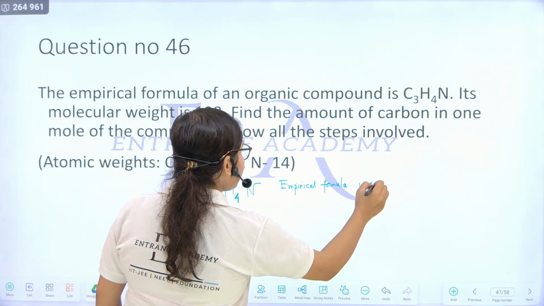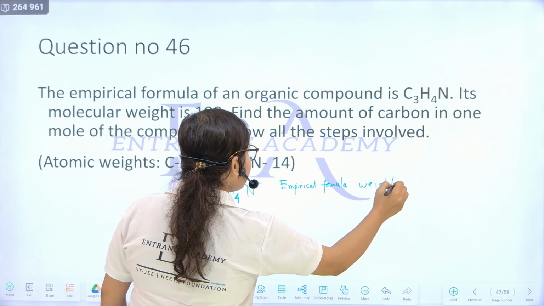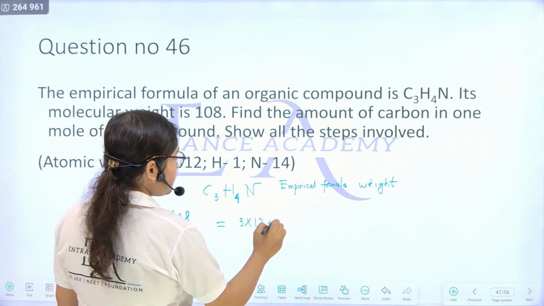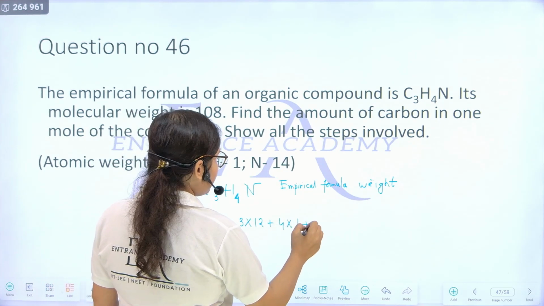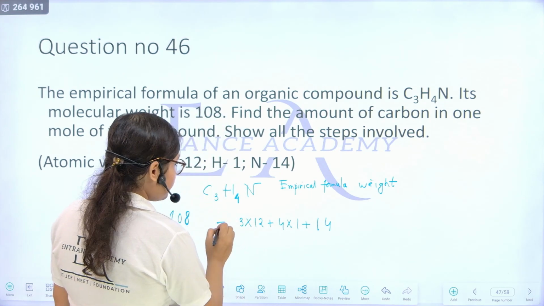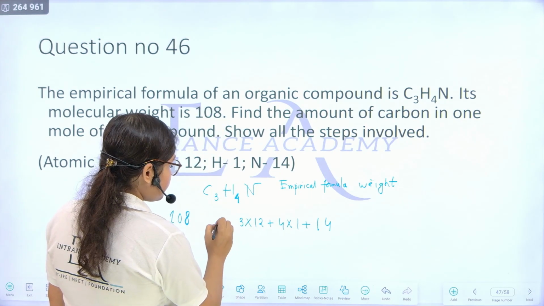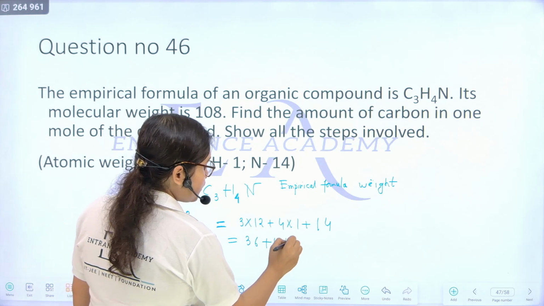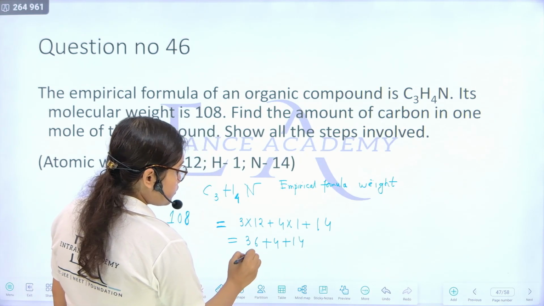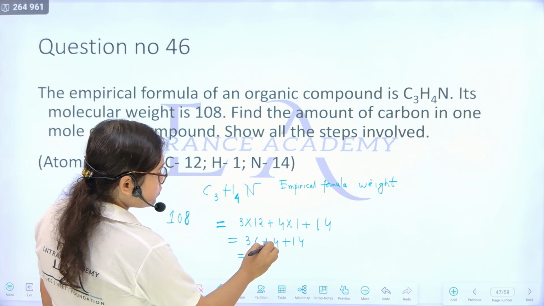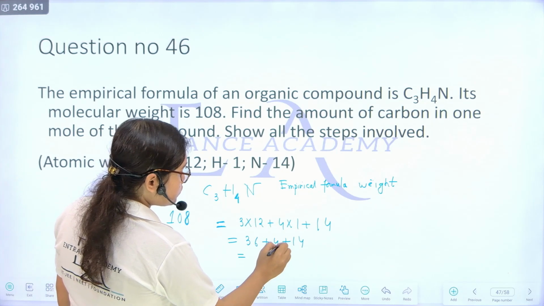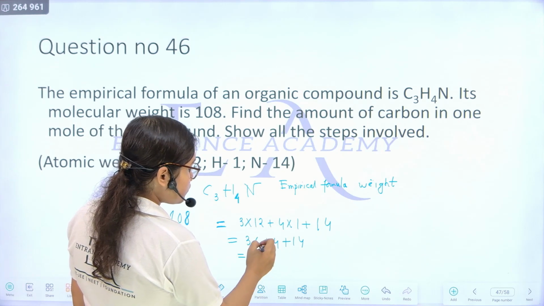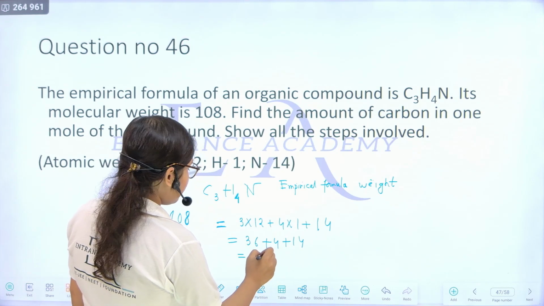Empirical formula weight is 3 into 12 plus 4 into 1 plus 14, that is 36 plus 4 plus 14, which is 54.